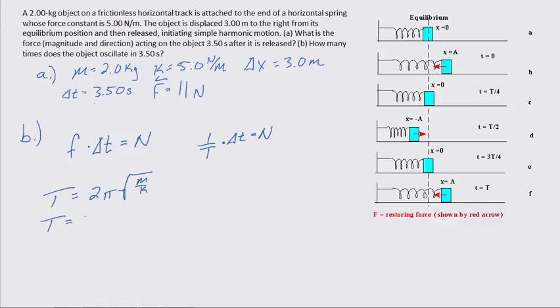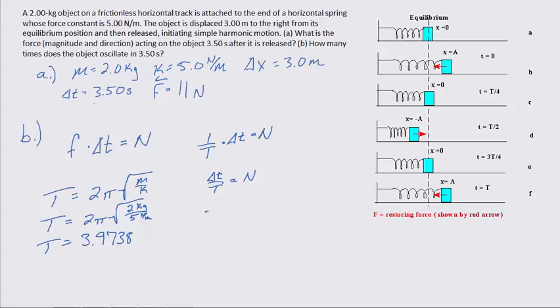So when we plug in the information we're given, that the mass is 2 kilograms divided by our spring constant of 5 newtons per meter, it will give us a period of 3.9738 seconds. Now that we know our period, we can plug it into this following equation that states that our change in time divided by our period is equal to the number of times the object oscillates.